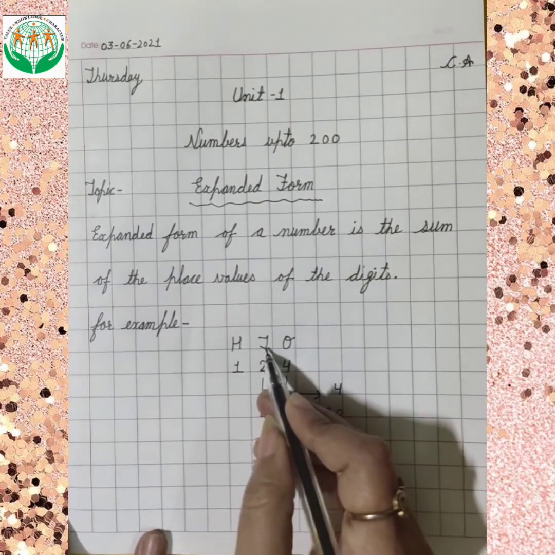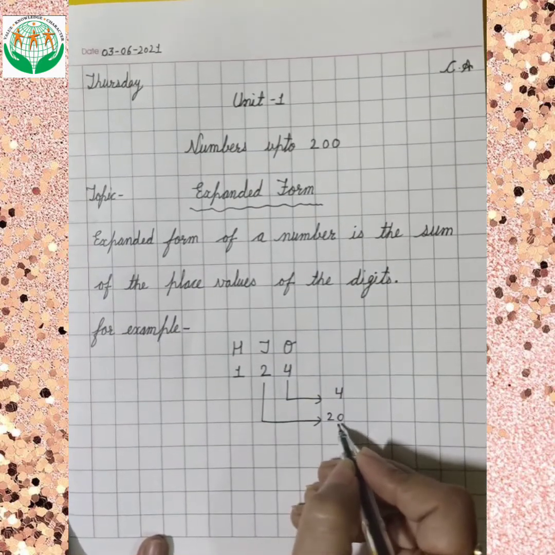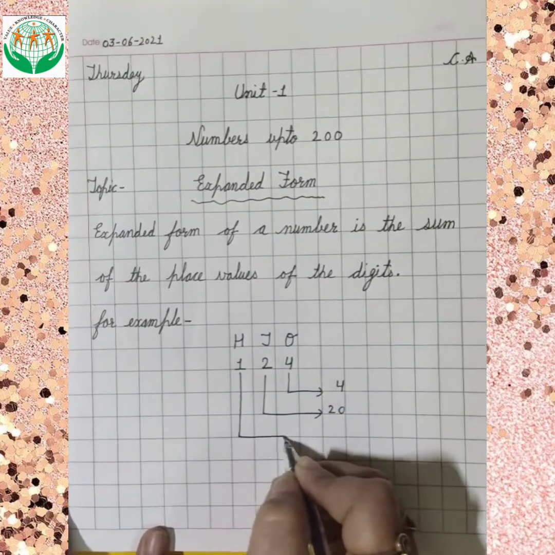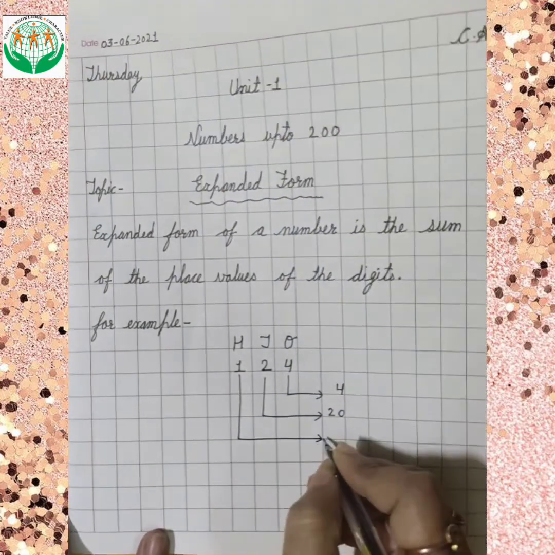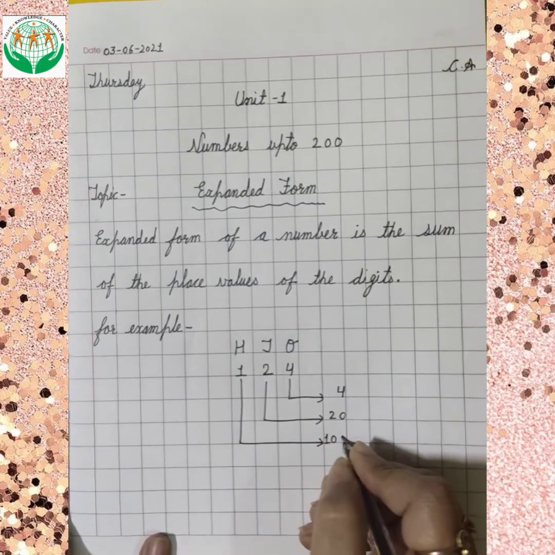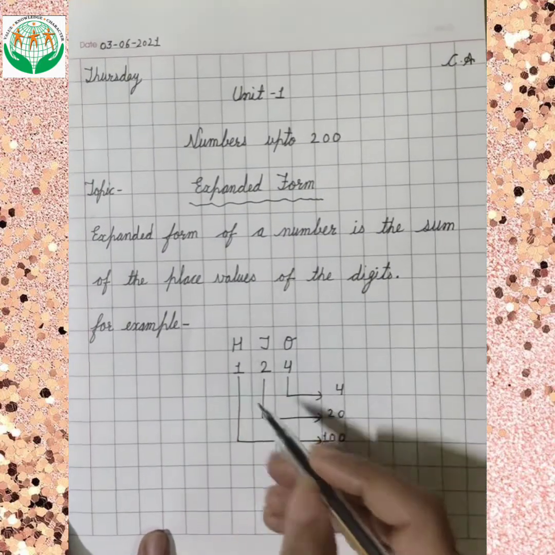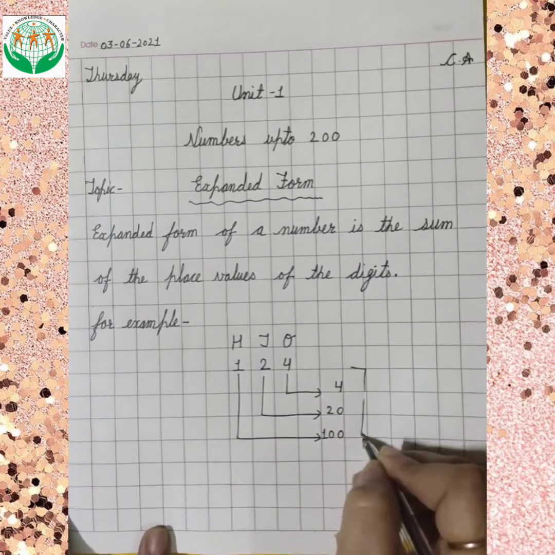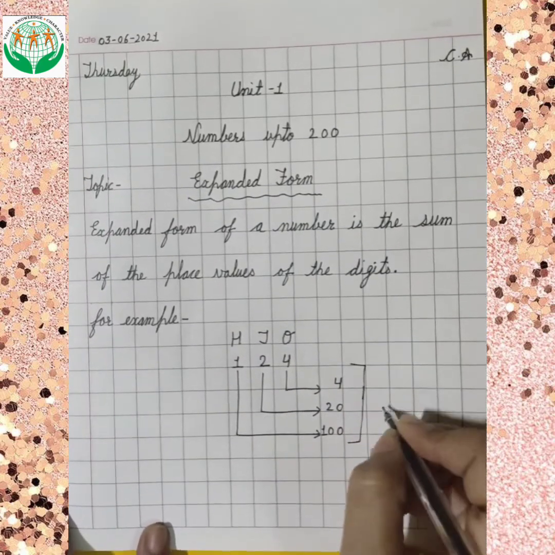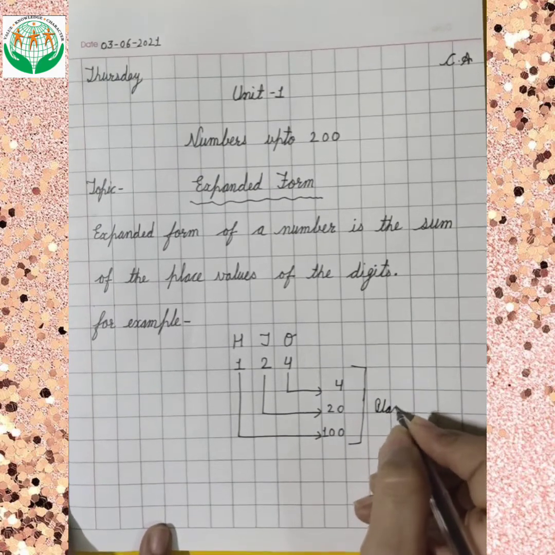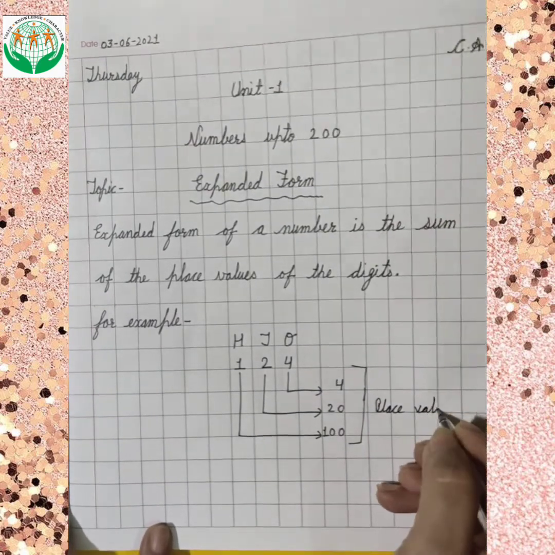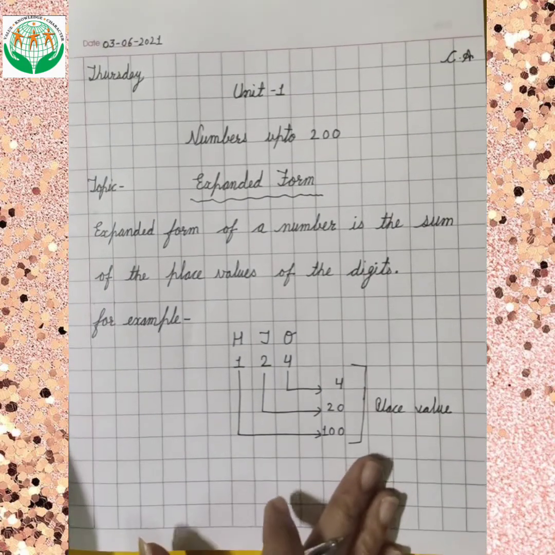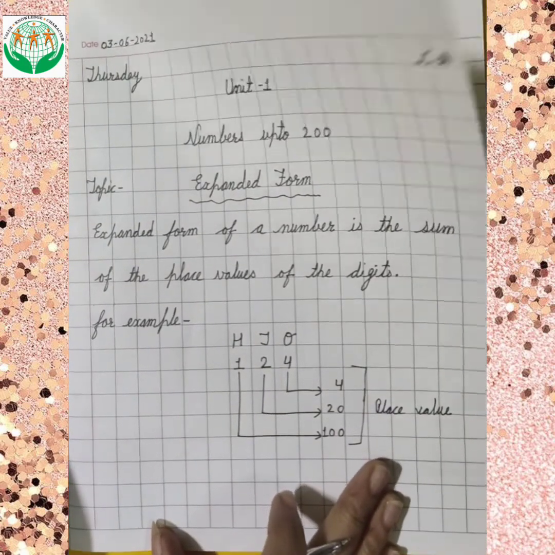So 2 tens, so the place value is 20. Then the place value of 1 is 100. So 100, 2 tens, 4 ones, this is place value.